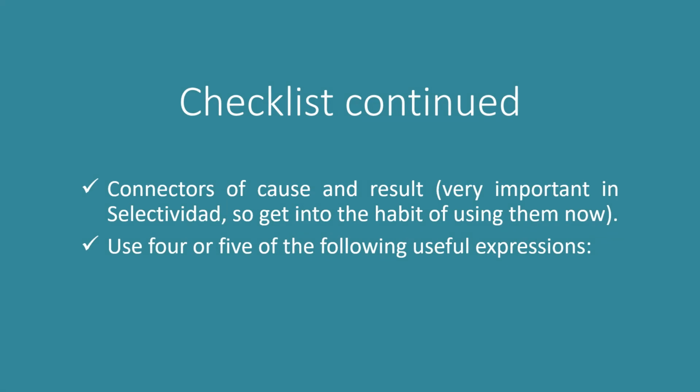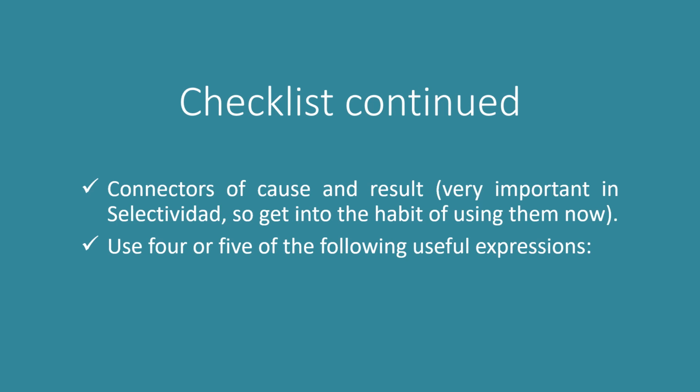Include connectors of cause and result on pages 62 and 155. They're very important in selectividad, so if you get into the habit of using them now and practice, when it comes time for you to do your big exams, you won't have to think about them and they will come out automatically.